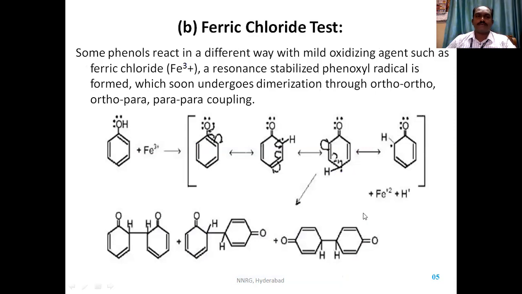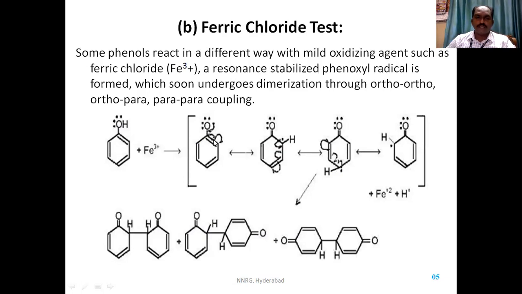But sometimes phenols react in a different way. Whenever phenols react with mild oxidizing agents such as ferric chloride, sometimes a resonance stabilized phenoxyl radical is formed. The ferric ion takes one electron from the lone pair of the phenol and forms ferrous ion. The phenoxyl free radical is resonance stabilized, so the radical goes into the ring.